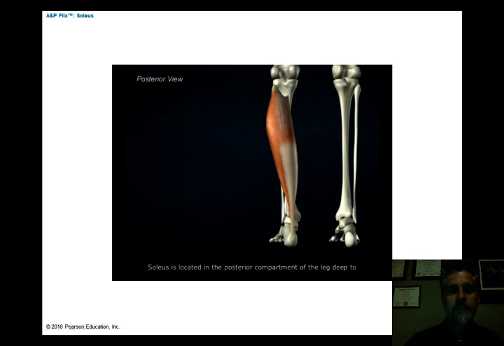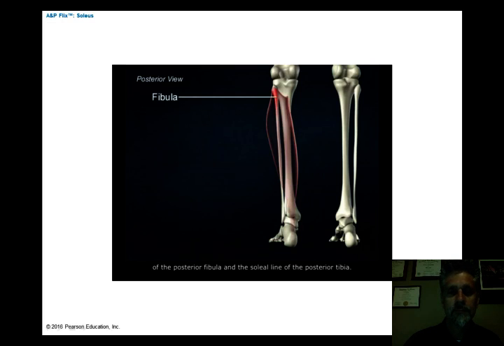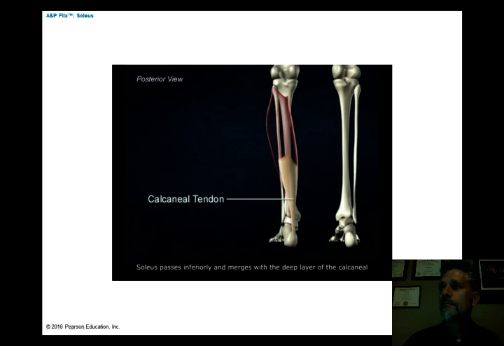Soleus is located in the posterior compartment of the leg, deep to gastrocnemius. The origins of soleus are from the proximal 1/3 of the posterior fibula and the soleal line of the posterior tibia. Soleus passes inferiorly and merges with the deep layer of the calcaneal tendon, which inserts onto the posterior calcaneus.